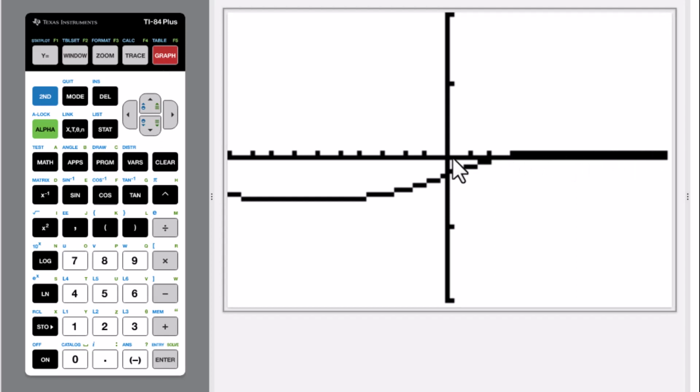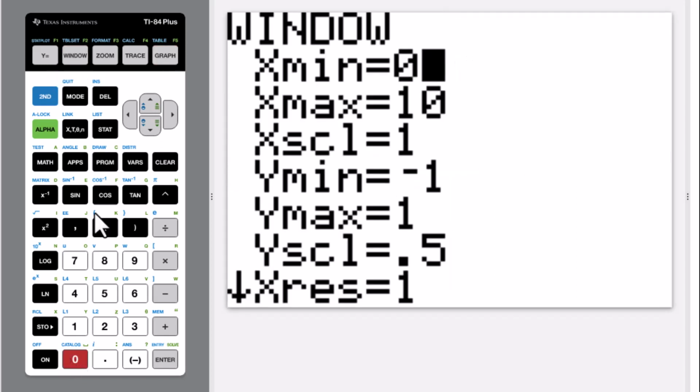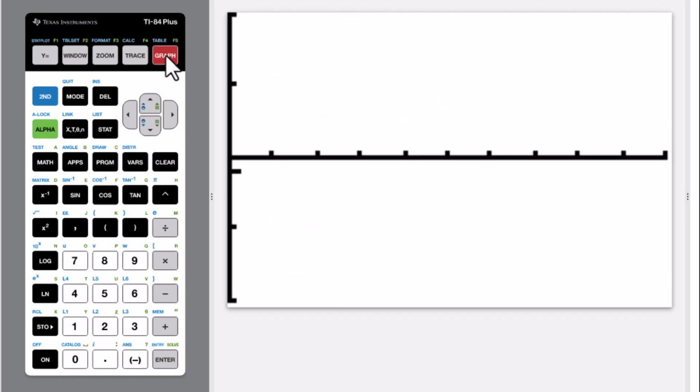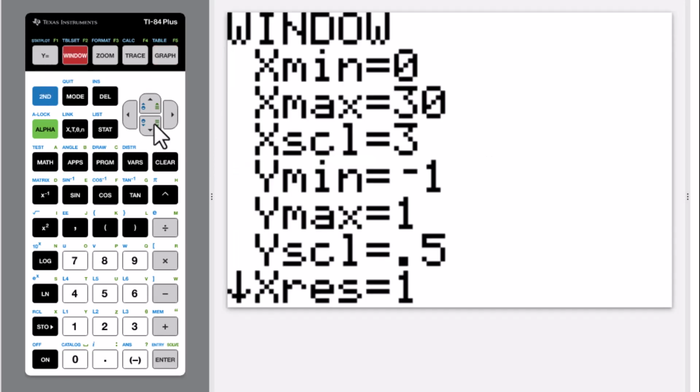We need to change the window for x. Let's do from 0 to 30, 3. Graph. Still not clear. Change window for y: minus 0.2, 0.2, 0.1.